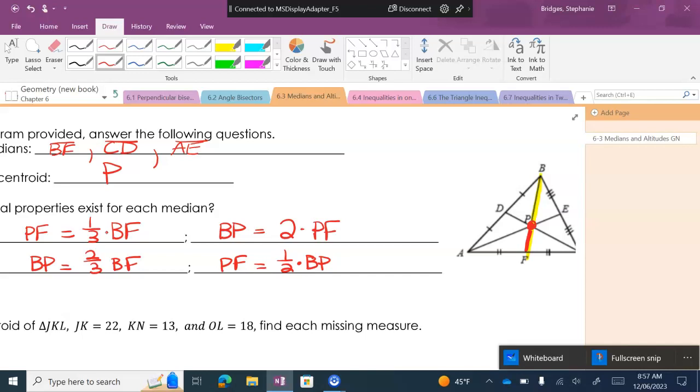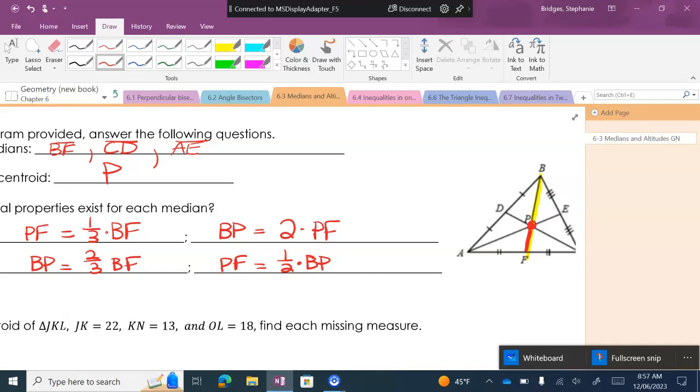What would the other part have to be in order for the whole thing to be 9? 6. So PF is 1/3 of the whole thing, so I take the whole thing and divide it by 3. Then BP, this top one, is twice the smaller one, right? Then BP is 2/3 of the whole thing. That's probably the hardest one to figure out, but I'll tell you other ways you can do it. And then PF is 1/2 of BP.